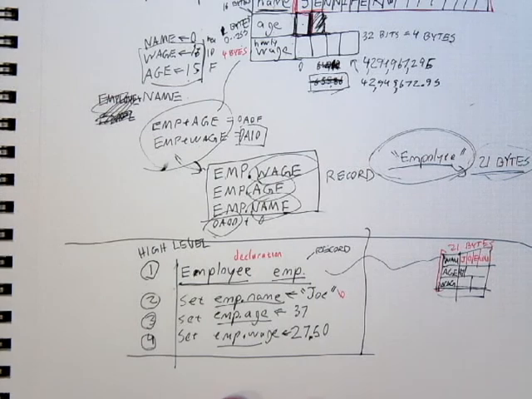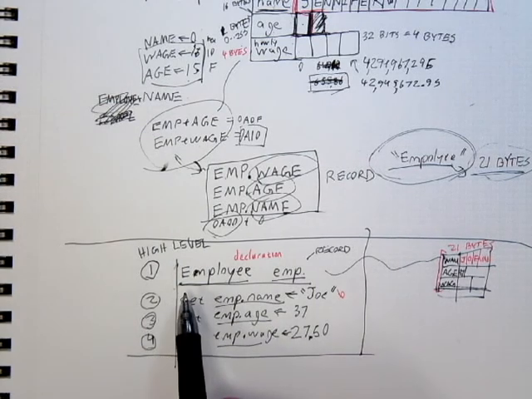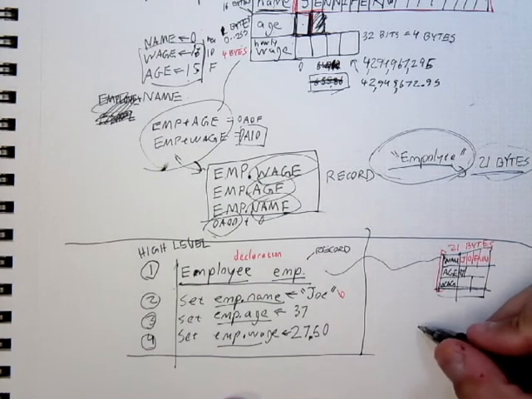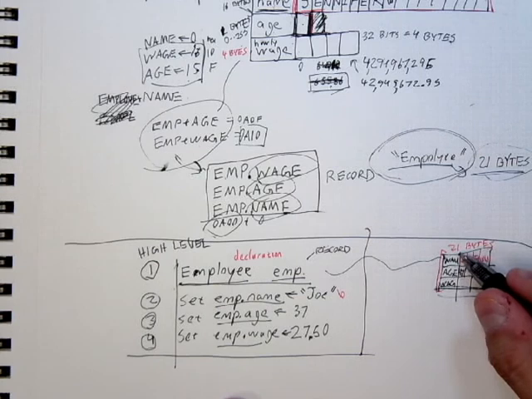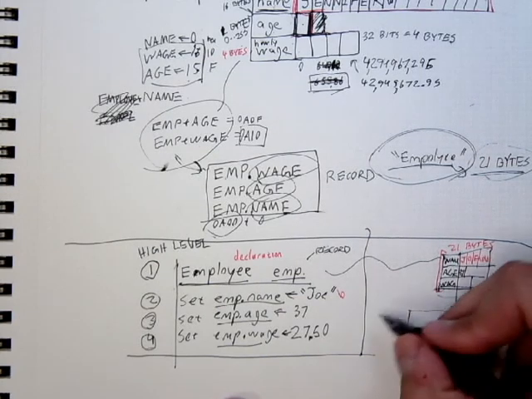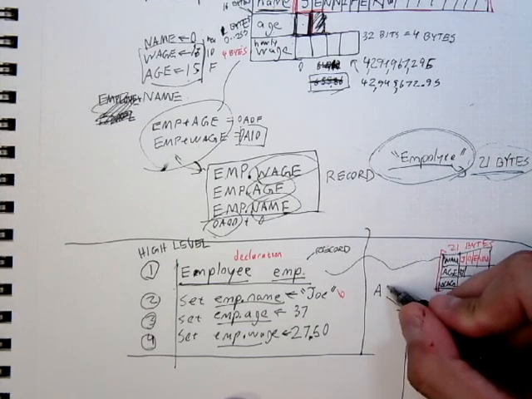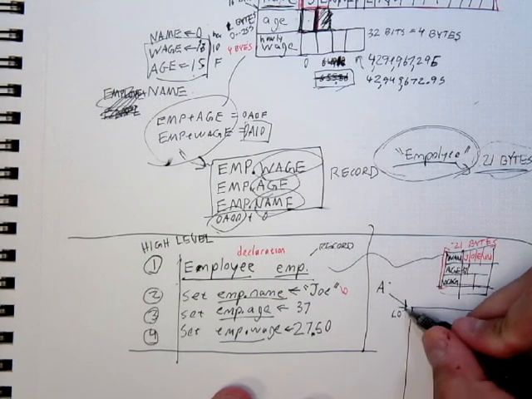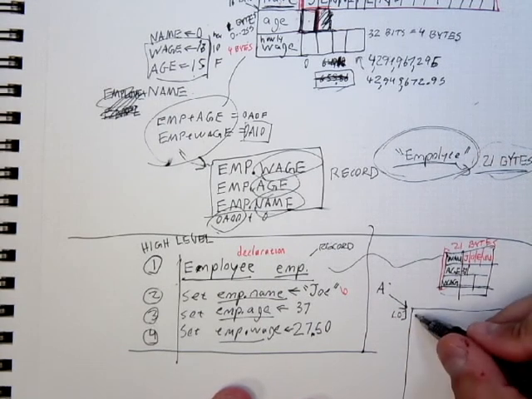I do want to point out that you can actually have an array of records, right? Remember each record is 21 bytes, so you could have an array of records. So maybe this is my array A, and then each item in the array, so at index 0, is 21 bytes, right?